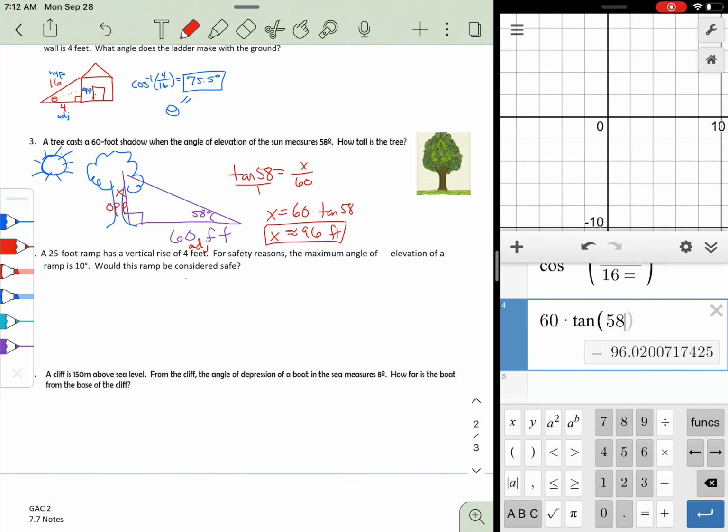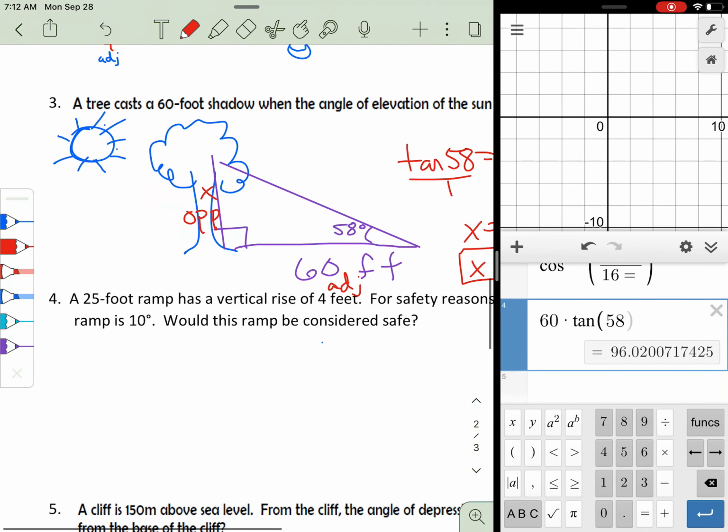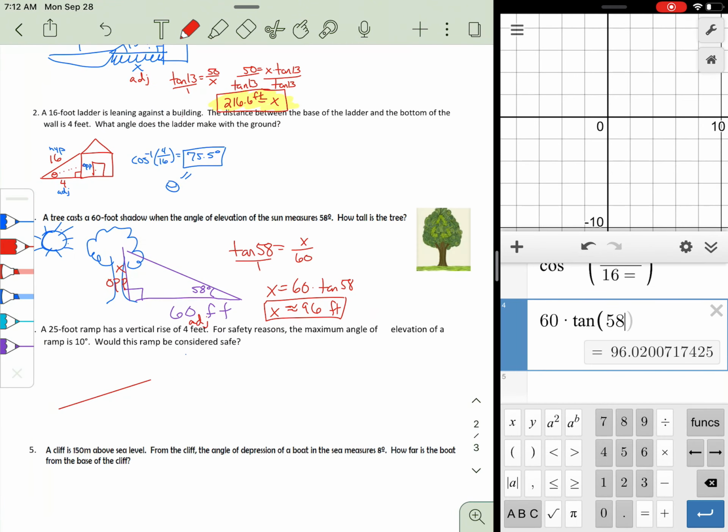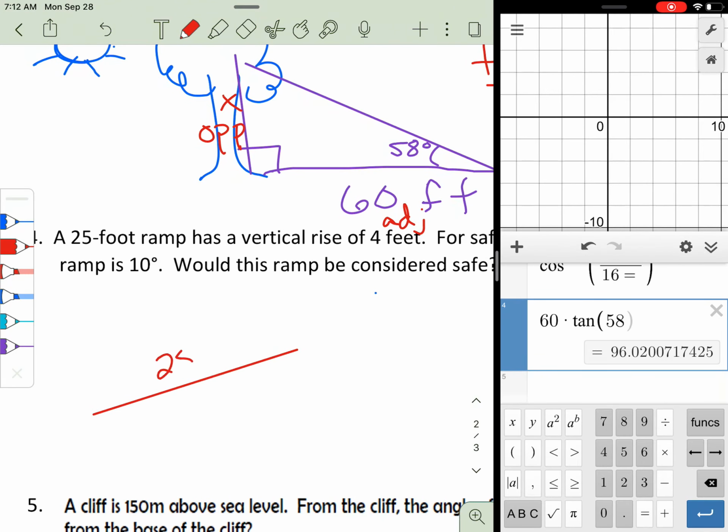Okay. Let's see here. A 25-foot ramp has a vertical rise of 4 feet. So a 25-foot ramp. Okay. And a rise of 4 feet.